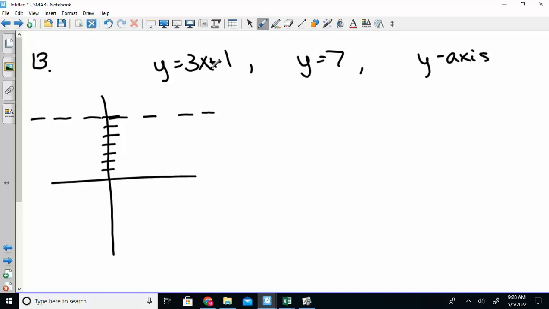If we just plug in some numbers, we can't do negatives because we're bounded by the y-axis. So if we put in a 0, we get 1. Put in a 1, we get 4. Put in 2, you get 7. So I'm talking about this area right here.